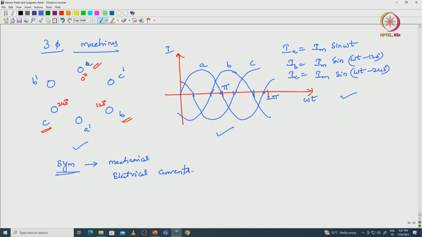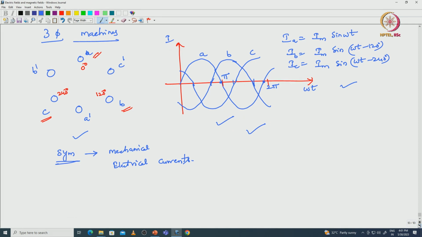Analyze this kind of conductor arrangement with these currents, and with respect to the two phase machines we can conclude that the same kind of rotating magnetic field will be there in a three phase machine also.